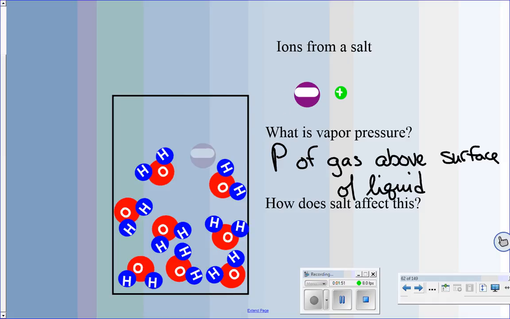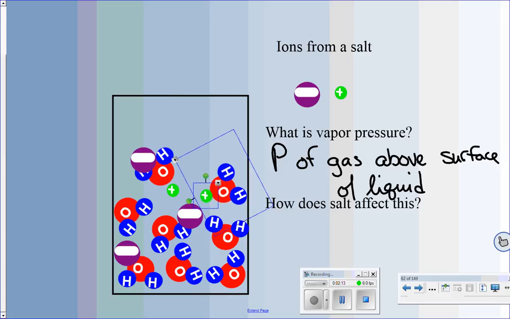If we put some ions in here, remember they're going to interact a little bit with some of the different particles. Once these particles of salt have attached themselves to the water, it's hard for them to evaporate.